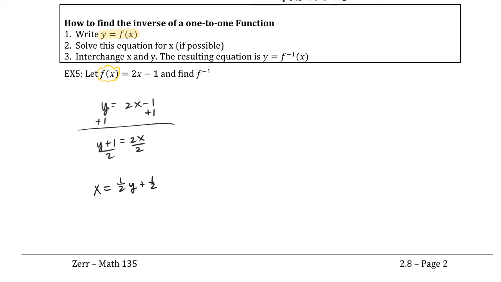Okay, so I solved for x, and now I'm going to interchange the x and the y. Okay, so my inverse function is y equals 1/2 x plus 1/2. That's my inverse function.